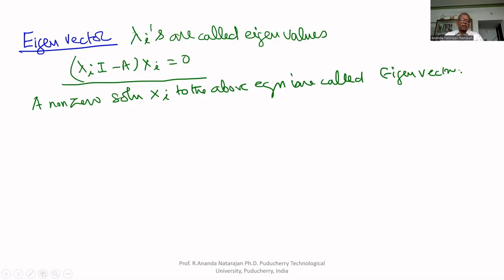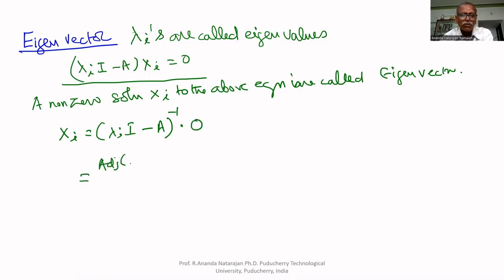How to find xi? Pre-multiply on both sides by lambda I minus A inverse. You will get lambda I minus A inverse multiplied by 0. This can be written as adjoint matrix of lambda I minus A, divided by determinant of lambda I minus A, multiplied by 0. Lambda I means eigenvalue. For each eigenvalue, you can write one such equation.